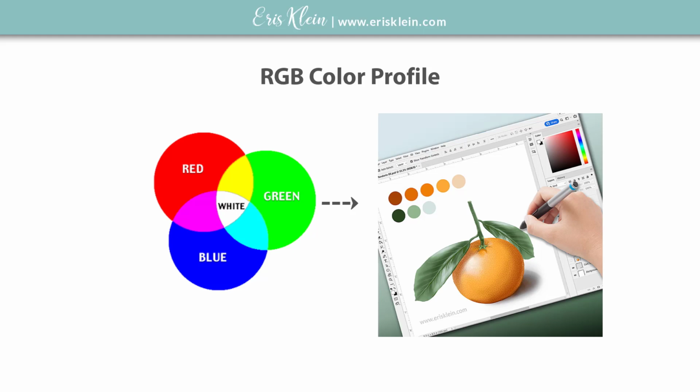And combining all these little tiny pixels of red, green, and blue will create every color in the rainbow. It's pretty amazing. So RGB color profile works perfect for digital stuff, right? So if it's going on the web or on a mobile device, there you go.